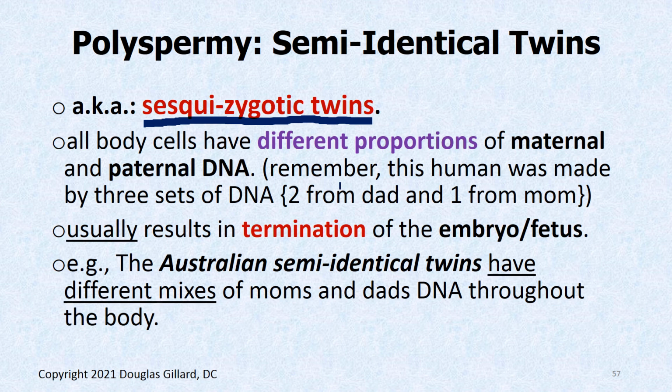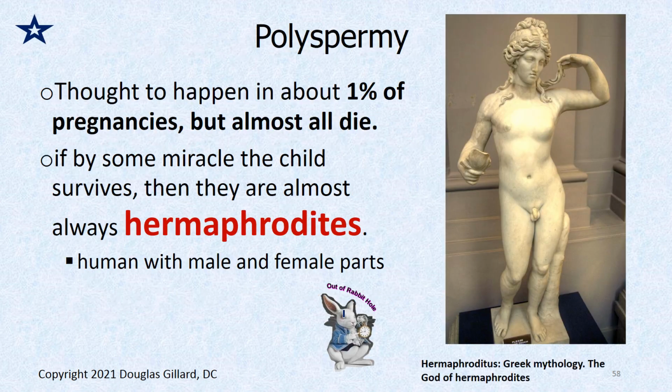You can have all sorts of mixes of chromosomes like that. The most recent set of these semi-identical twins are from Australia, and we're studying them right now. You can read about them in the literature. But they have different mixes of mom's and dad's DNA through the different cells that have been allowed to be sampled. And all of the ones that have ever been studied are hermaphrodites.